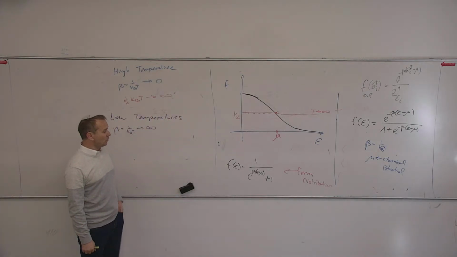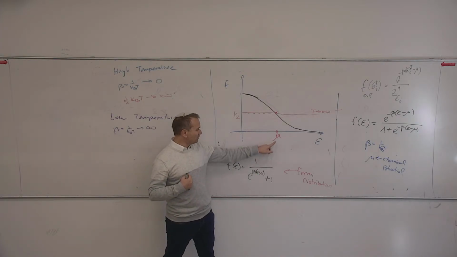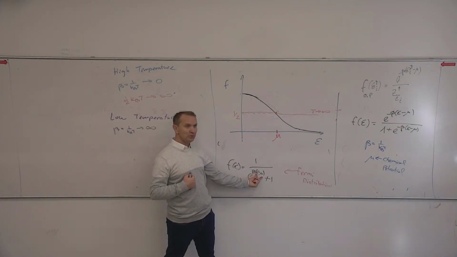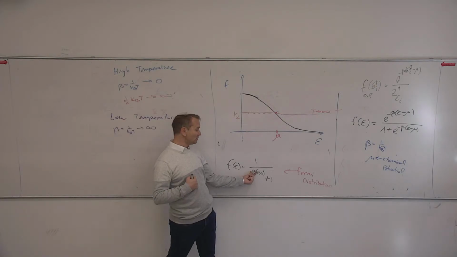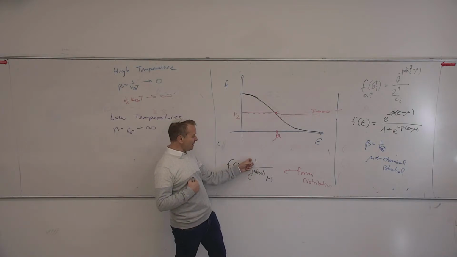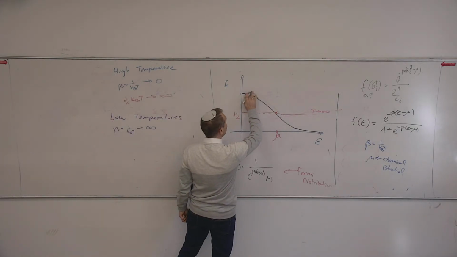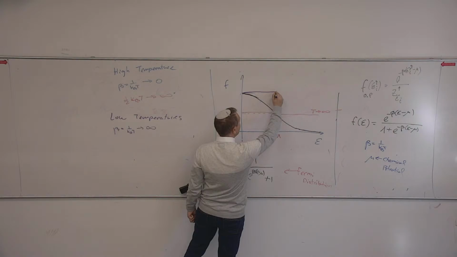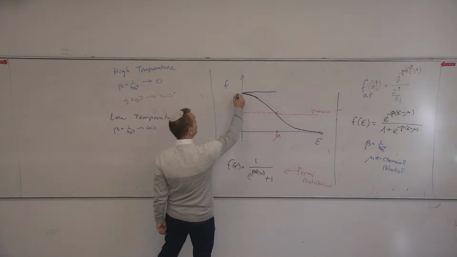When epsilon, the energy of my given state, is lower than the chemical potential mu, this number, epsilon minus mu, is negative. So we have e to the power of beta, which is something extremely large, multiplied by a negative number. So this is extremely small. So it's 1 divided by something very small plus 1, so it's almost 1.